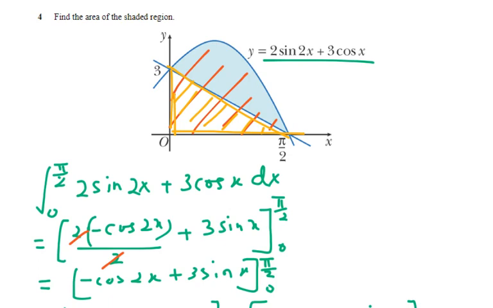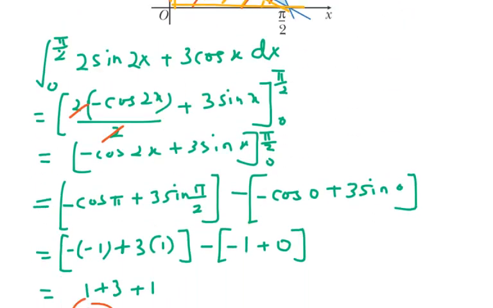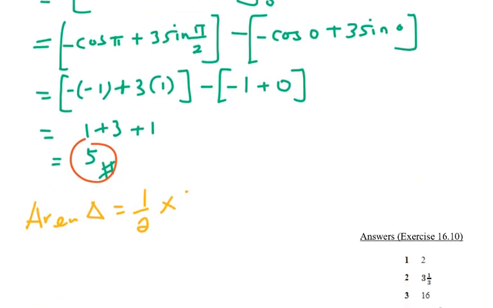So the area of the triangle is half times the width. The base is pi over 2, multiplied by 3, the height. So you'll be getting 3 pi over 4.